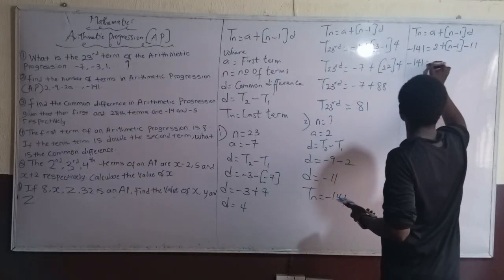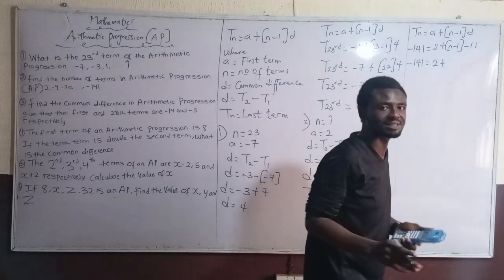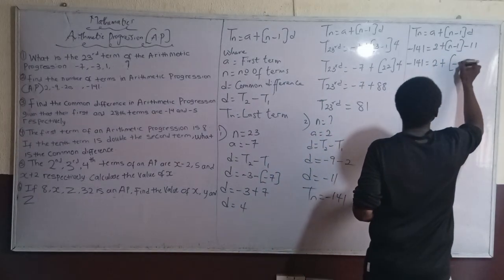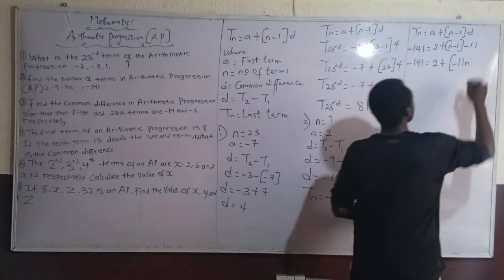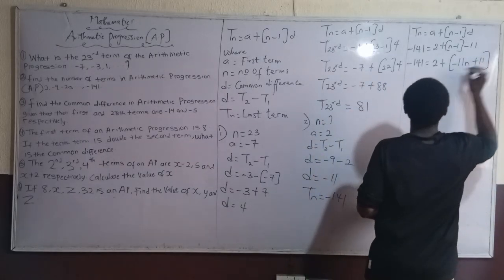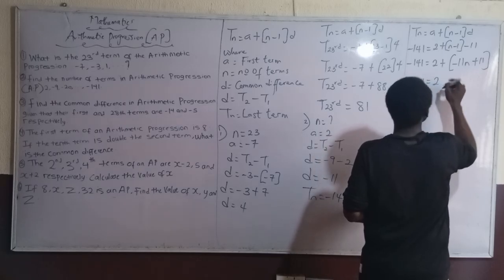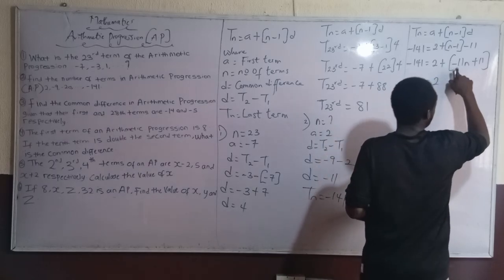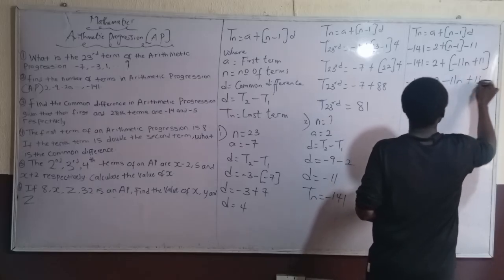Minus 141 equals 2 plus minus 11 times n, which will give me minus 11n. Minus 11 times minus 1 will give me plus 11. Minus 141 equals 2. Now, plus times minus, minus. Plus times plus, plus.